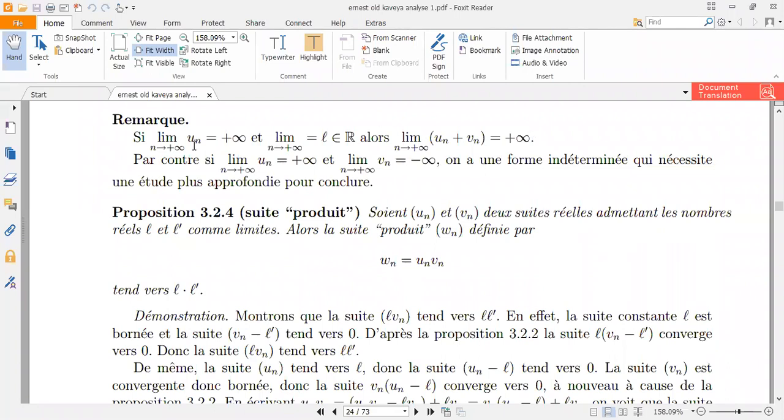So this first one here gives us positive infinity. Now we're looking at something different. In this case, we've got two limits, where the limit of Un gives us positive infinity while the limit of Vn gives us negative infinity.